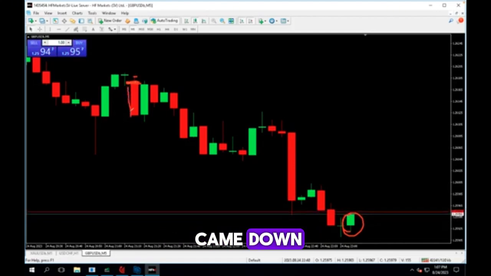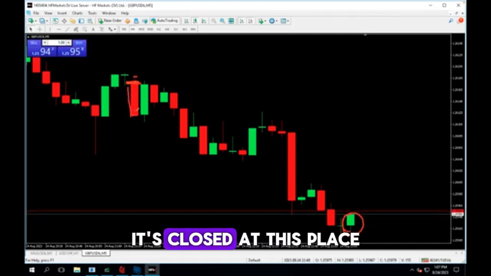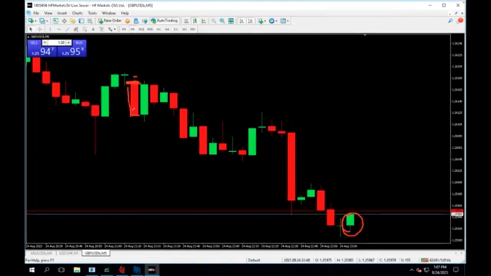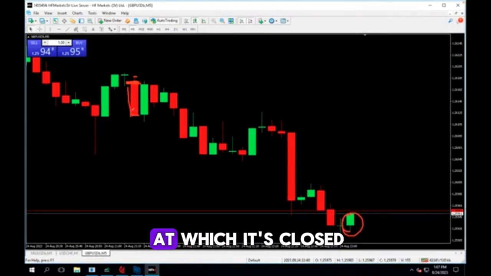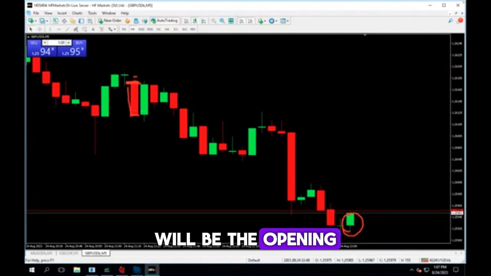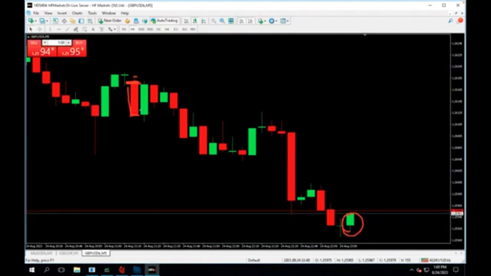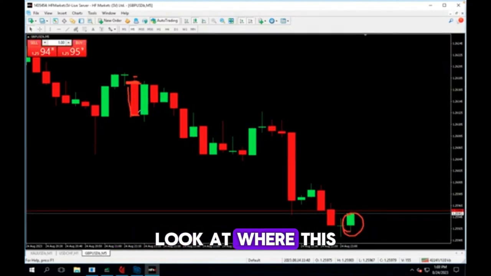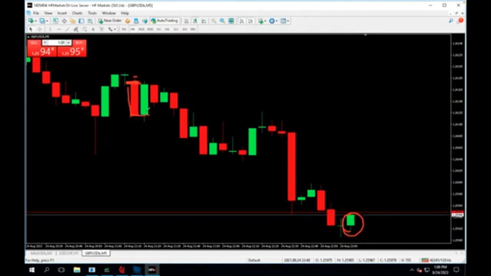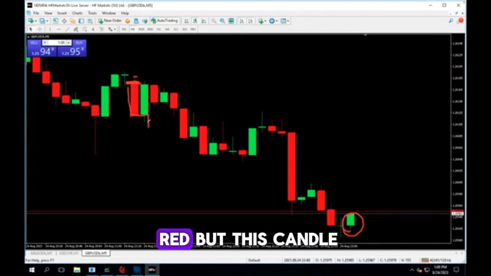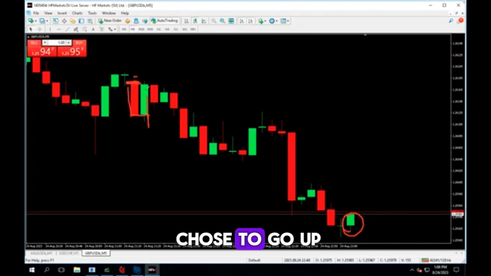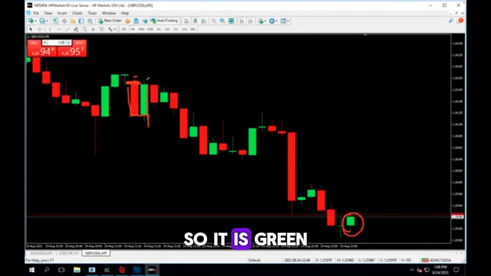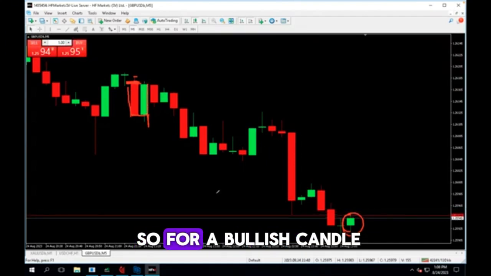And when it came down, it closed at this place. The level at which it closed will be the opening price of the next candle. So because it closed here, look at where this other candle started from. If this candle went down, it would have been red, but this candle chose to go up. So it is green.